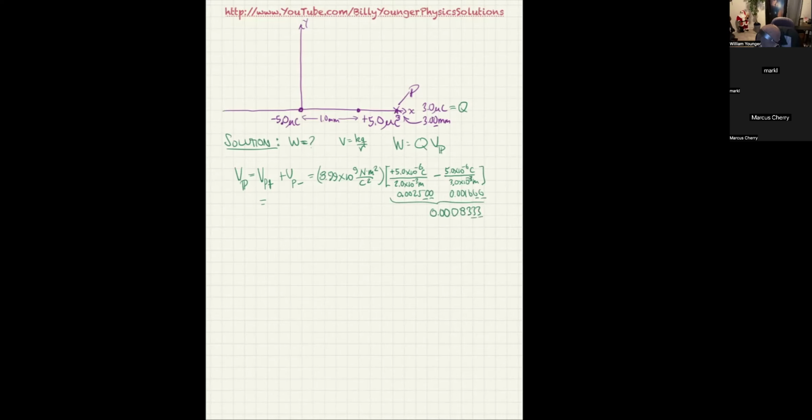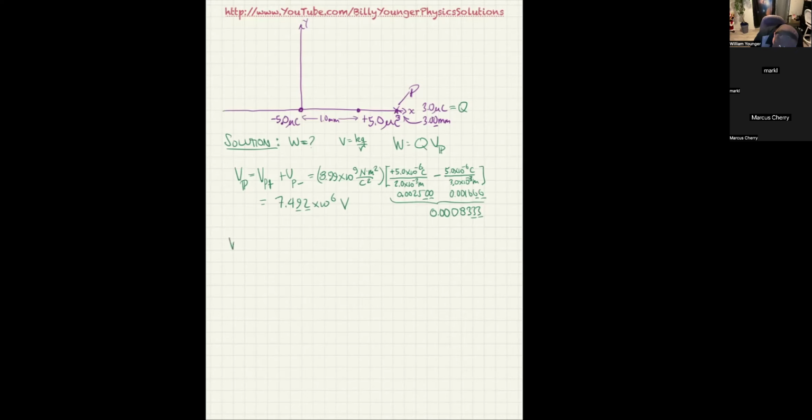Now I'm going to multiply that times 8.99 times 10 to the 9th. And that gives me 7.492 times 10 to the 6th volts. So that's 7.492 million volts. And remember, a volt is a joule per coulomb.